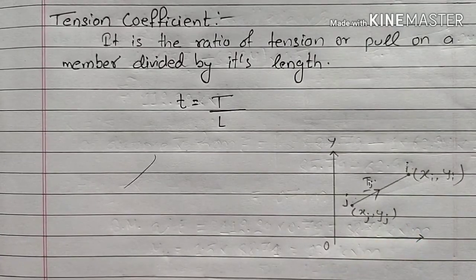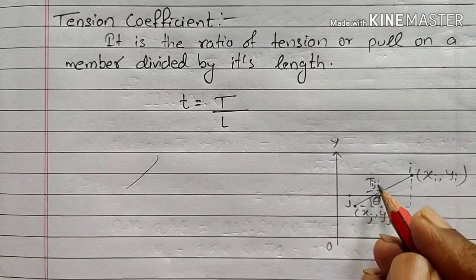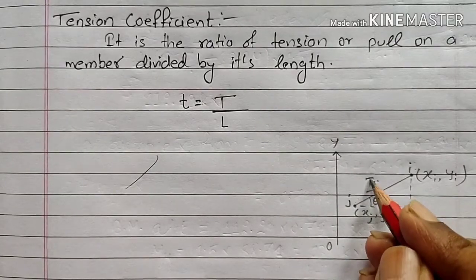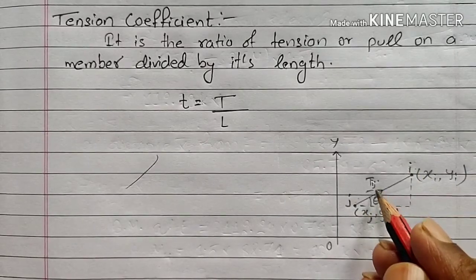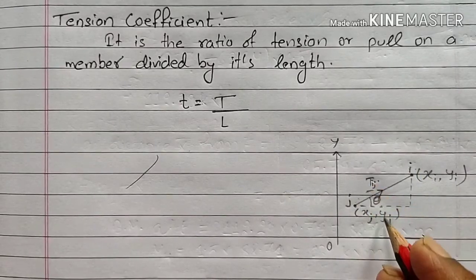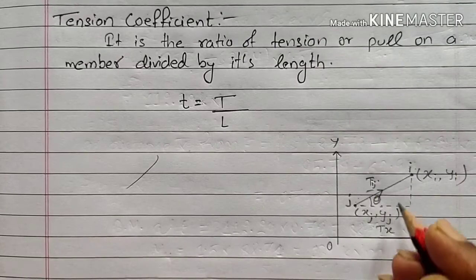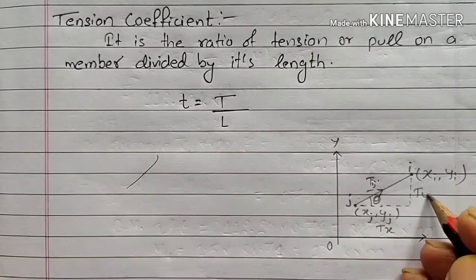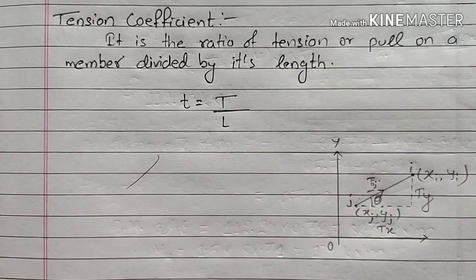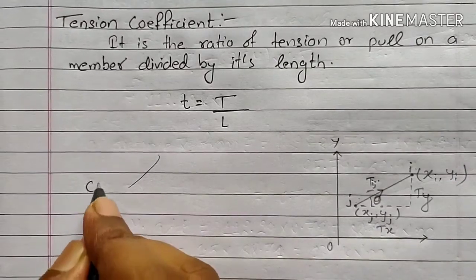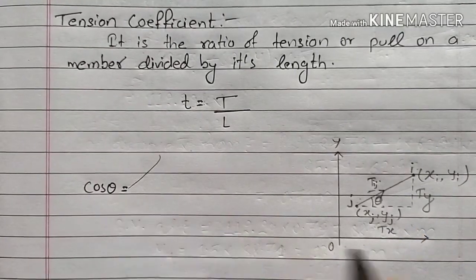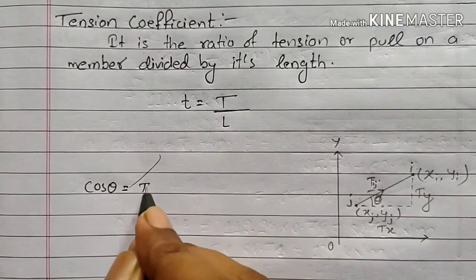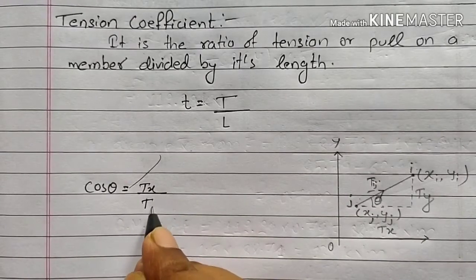Now let us resolve the tension Tij along x and y direction, and let the component of this Tij along x direction be Tx and along y direction be Ty. The inclination is angle theta, so we will have cos theta equals b by h, means Tx by Tij.